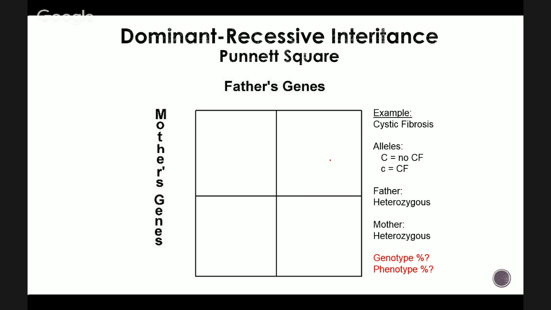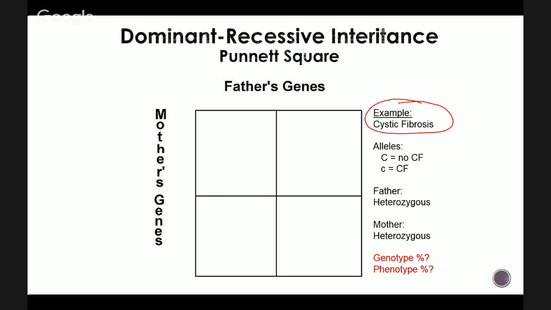All right, so what we're looking at here is cystic fibrosis. Okay, so the inheritance of cystic fibrosis, or the presence of cystic fibrosis, is passed on through dominant recessive inheritance. Believe it or not.